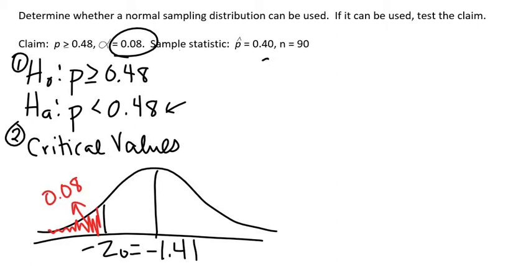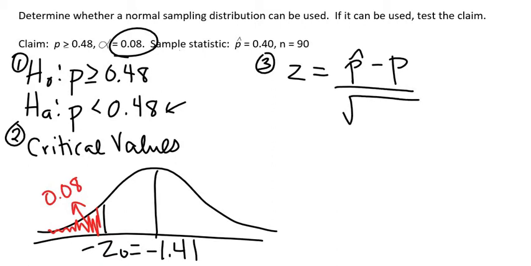Now let's figure out what my standardized z-test statistic is. So for that, I'm going to use the formula z equals p hat minus p divided by the square root of pq divided by n.